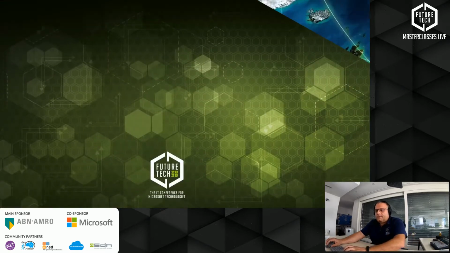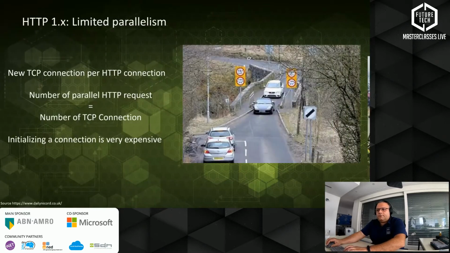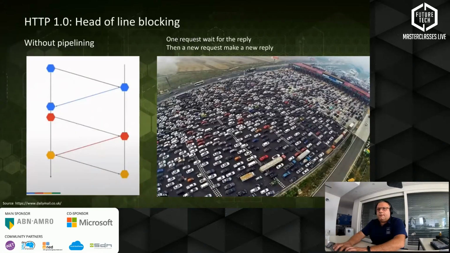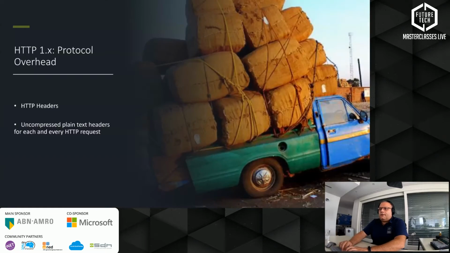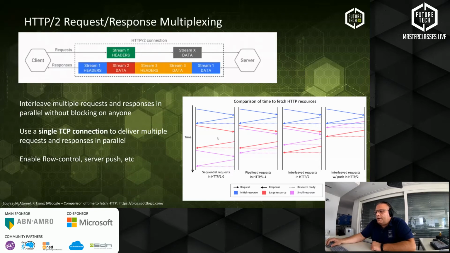Okay, apologize about that. The Shift F5 seems not working, so I need to do this. Okay, here we are. So these are the sequential read without pipelines in HTTP 1, the read with the pipelines in HTTP 1.1, and then the interleaved request.